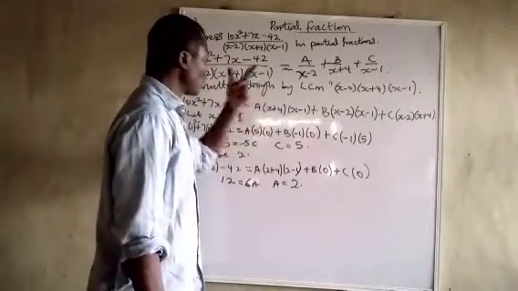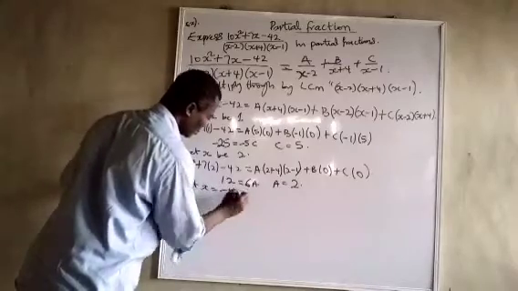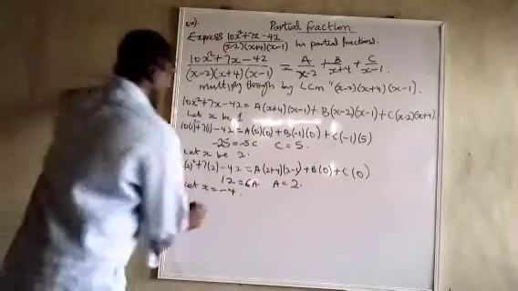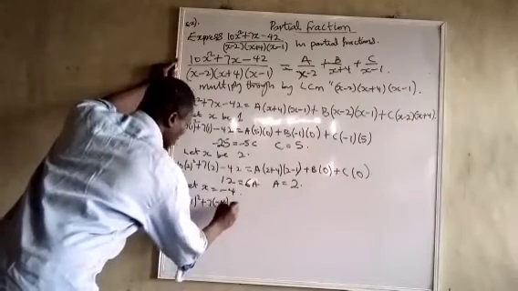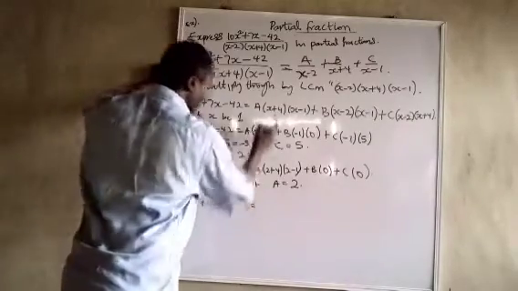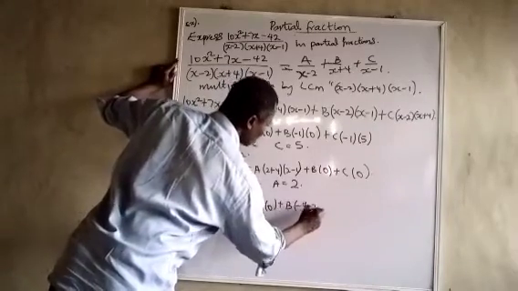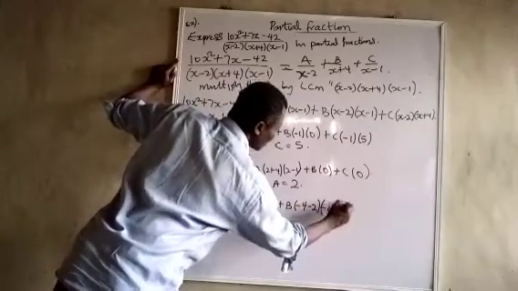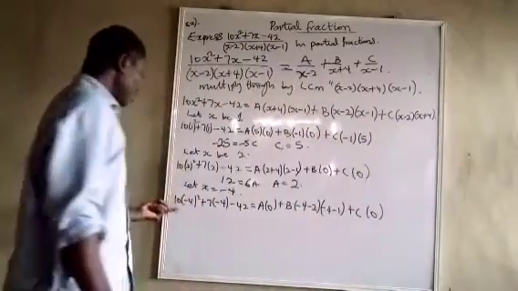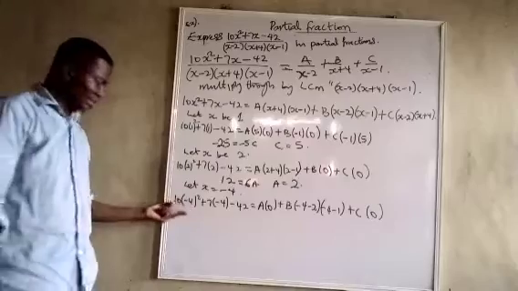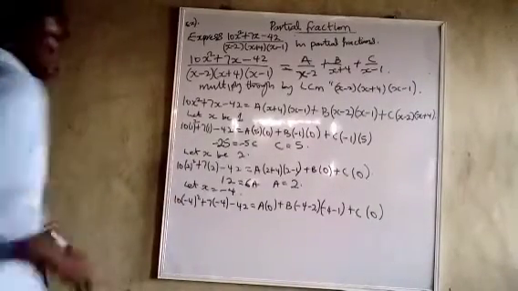Now I have used this. Let's make x to be equal to minus 4. If x equals minus 4, what does that give me? It means that 10 into minus 4 squared plus 7 into minus 4 minus 42 is equal to, automatically this one will be 0, plus B into (minus 4 minus 2)(minus 4 minus 1) plus C into 0. Because this one is 0 now, what do I have? 10 into 16, that is 160, because minus 4 squared is 16.